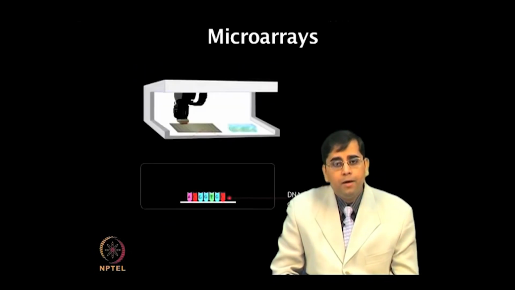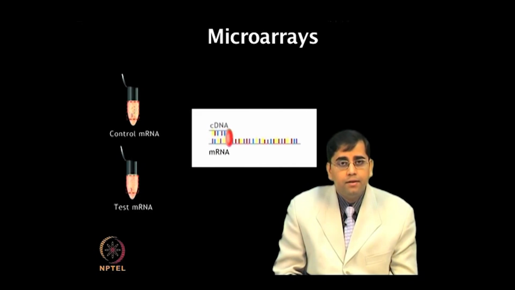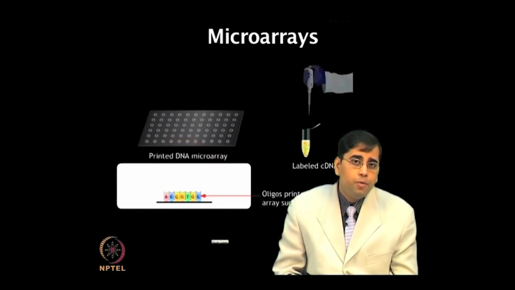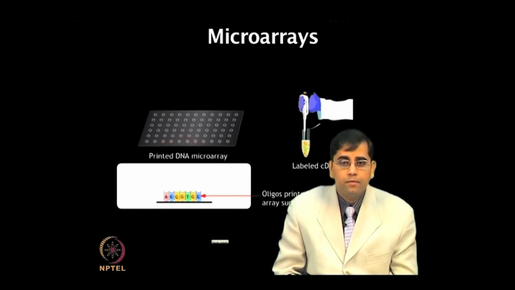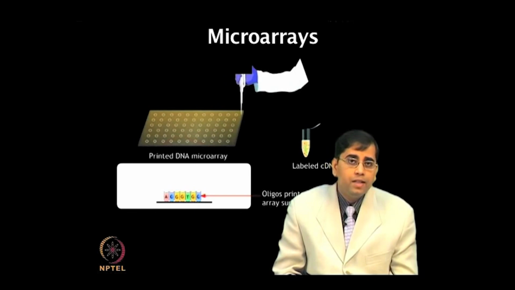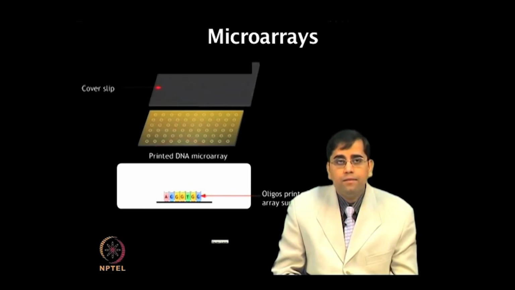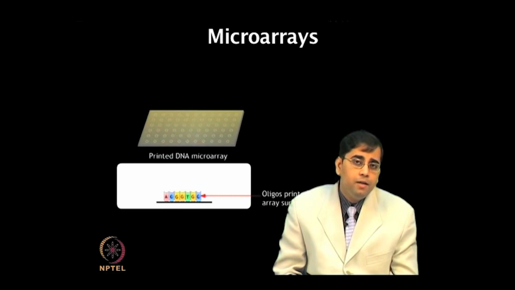In a microarray experiment, the mRNA from control and test samples are extracted and reverse transcribed into its corresponding cDNA. The cDNA samples are labeled with Cy5 and Cy3 dyes, and mixed cDNA sample is incubated on printed DNA microarray.